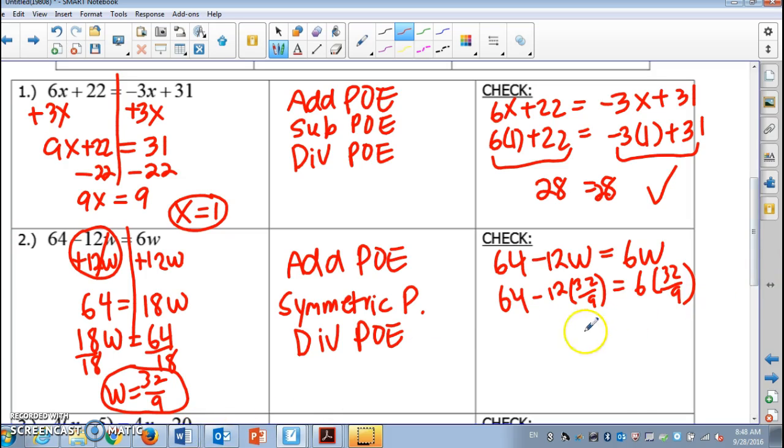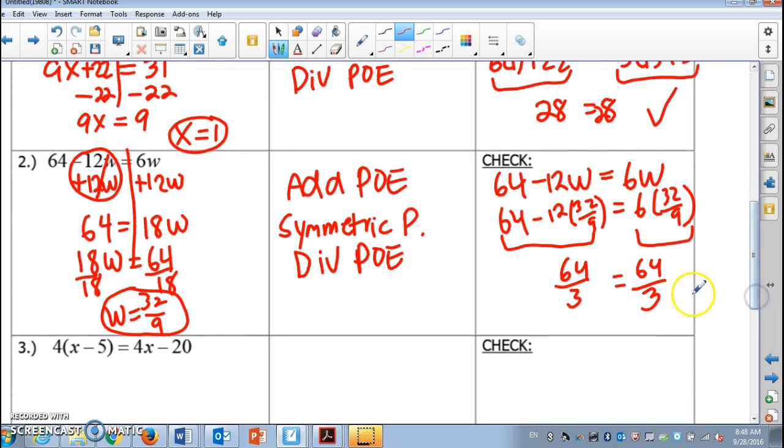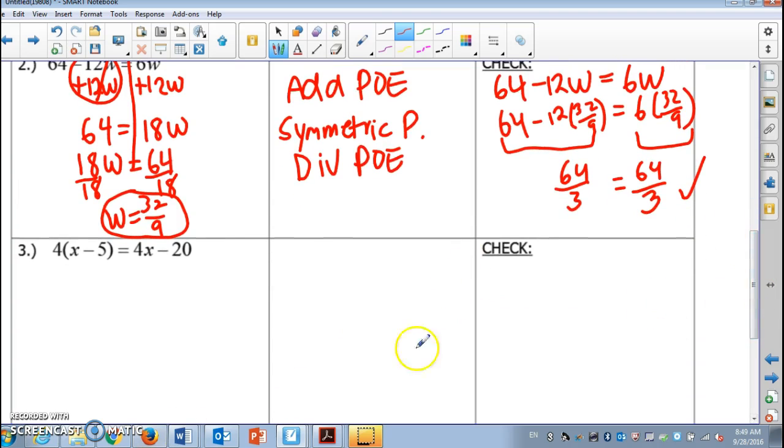Make sure you put this side on your calculator, this side on your calculator, and see if they're equal. You will end up with decimals, so make sure you change into fractions and then check it. Pause the video, check that, please. When you check this, you should end up with 64 over 3 equals 64 over 3. So we are good. Now let's move on to the next question.